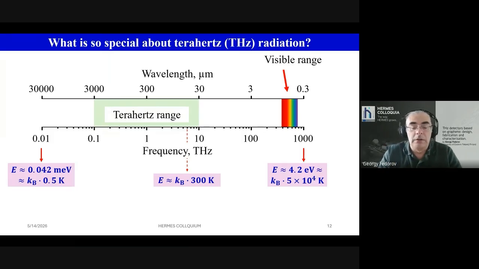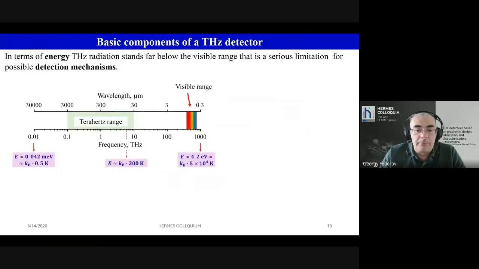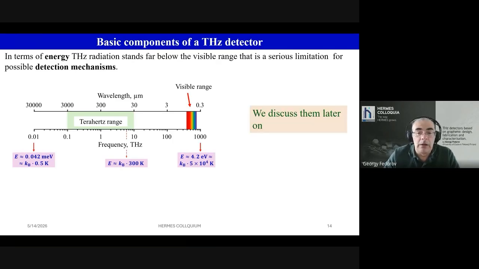What I talk about is terahertz detection in general, and why we want graphene there. The energy of terahertz radiation and its evaluation with respect to room temperature defines the detection mechanisms. I will discuss them, of course, later. It will be a significant part of my presentation.